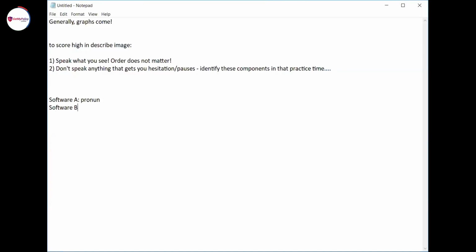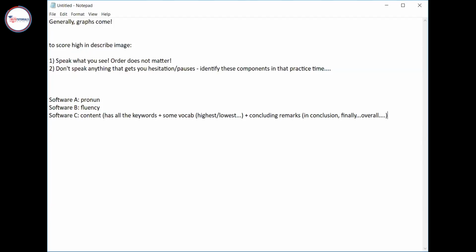Software B will check your fluency. Software C will check your content. Now this one has keywords plus some vocab, for example highest, lowest, plus concluding remarks: in conclusion, finally, overall, and whatnot.